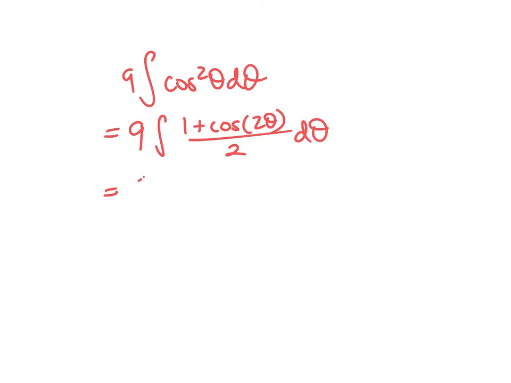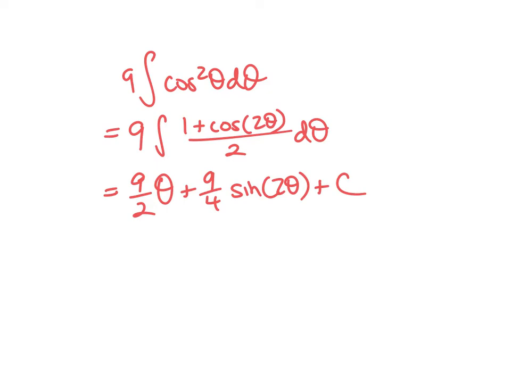And since we've already done this one, I'm going to do it somewhat quickly. So we have the 1/2, that would be 9/2 theta. This guy becomes 9/4 sine of 2 theta, because we'd have the 1/2 coming from the inside, and because we'll be multiplying by the 1/2 from the integral of cosine of 2 theta.